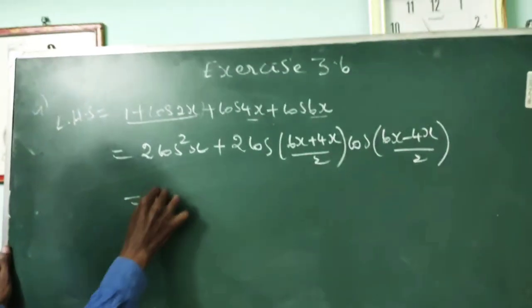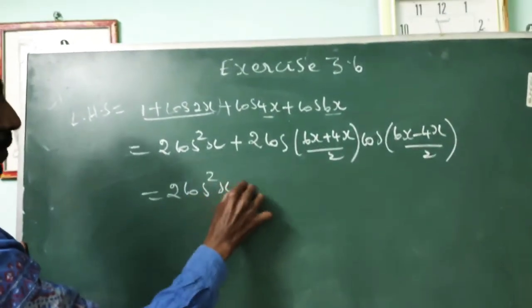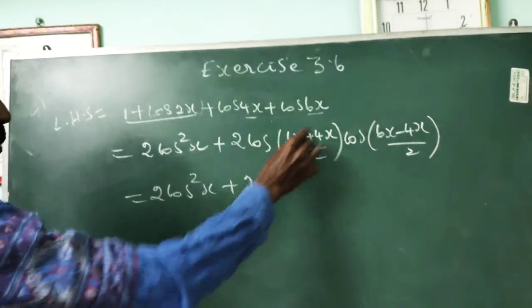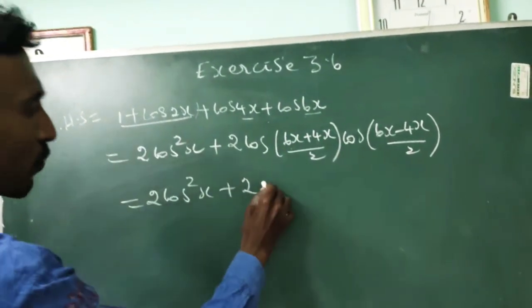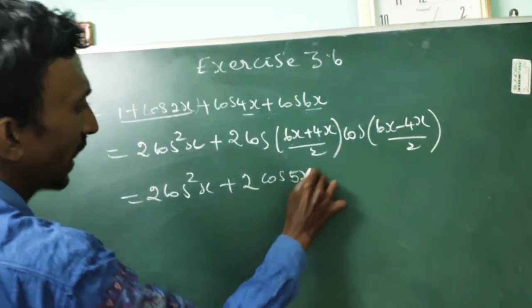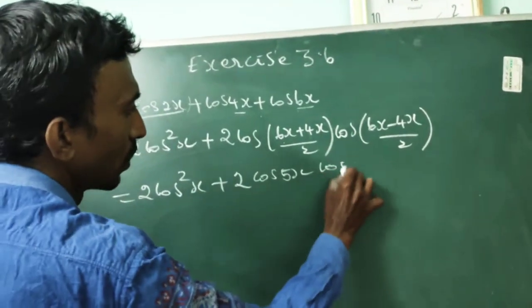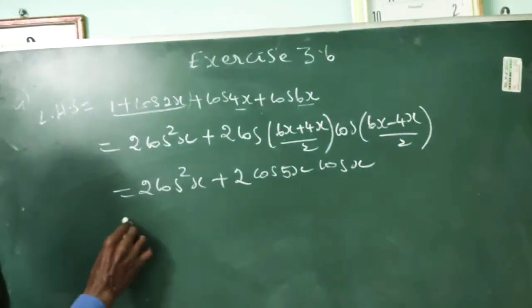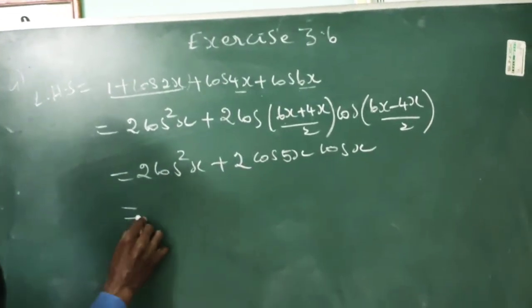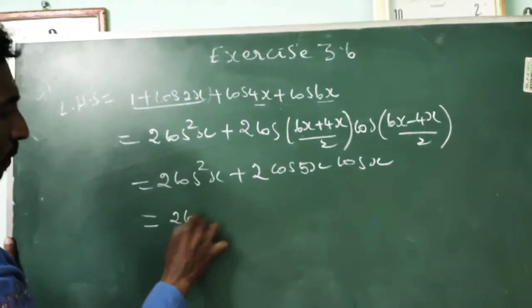So 2 cos square x plus 2, 6 plus 4 is 10, 10 by 2 is 5, so cos 5x. 6 minus 4 is 2, 2 by 2 is 1, so into cos x. So for the first and second term, take 2 cos x as common.